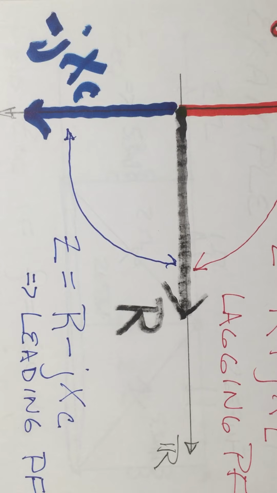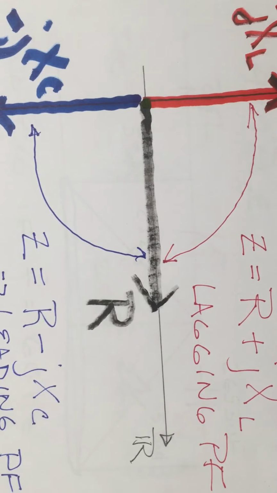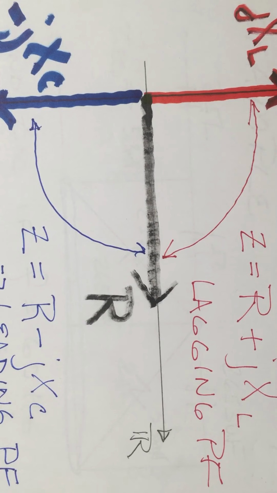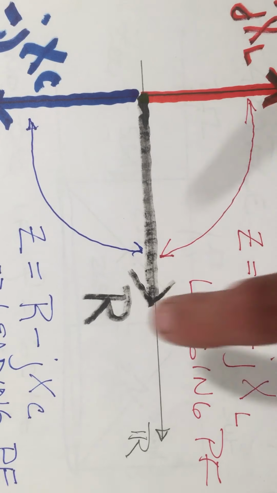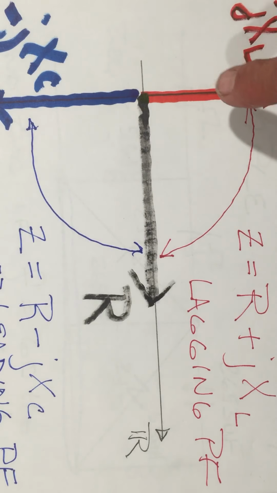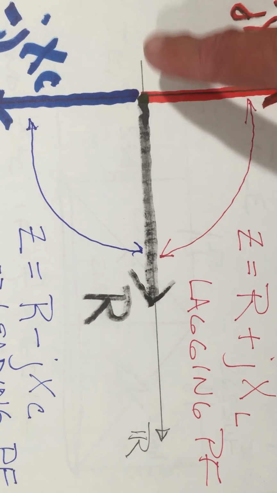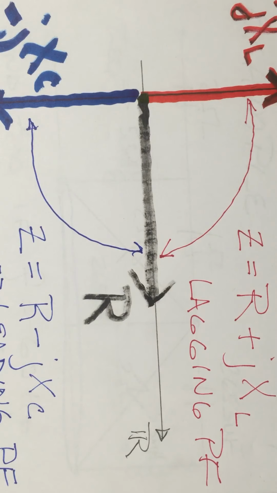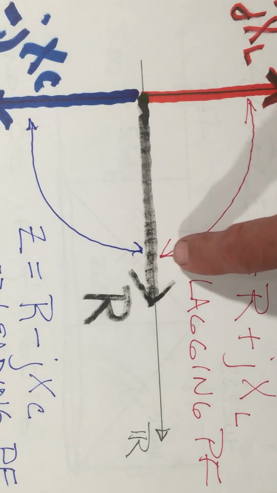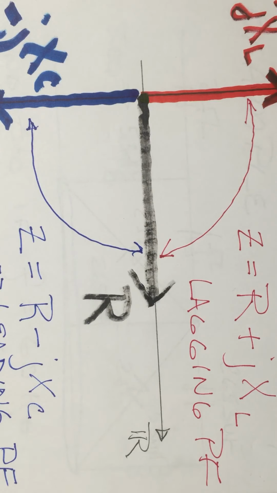So once again, I have the three types of networks. I can have a purely resistive network because then the inductor and the capacitor canceled each other out, and all I have is a resistor network. On the other hand, I can have a resistor and an inductor network somewhere between 0 degrees and 90 degrees.